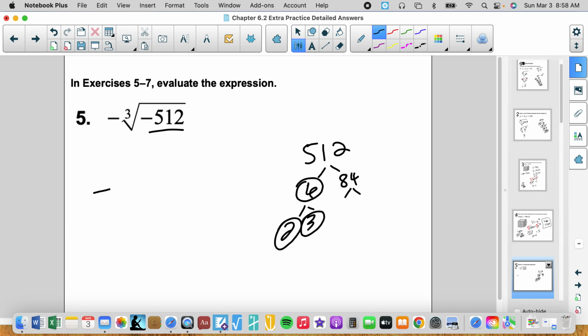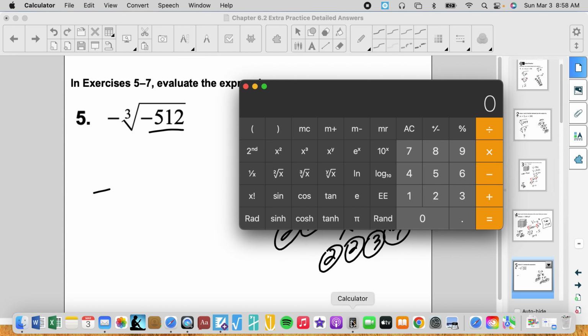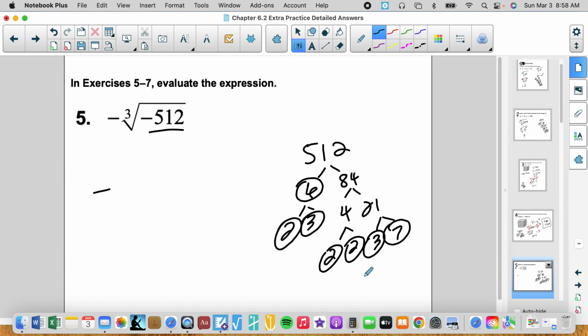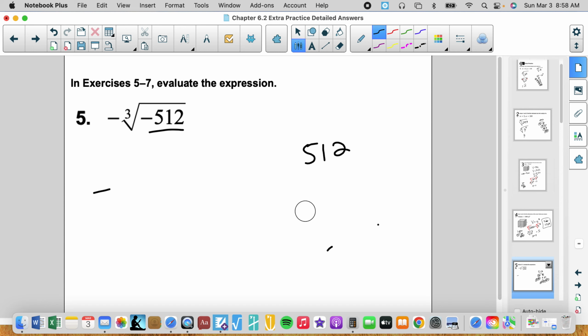Let's break up 84: 2 times 42, 4 and 21, 2 and 2, 3 and 7. Let's make sure: 84 times 6 is 504. So I made a mistake. Clearly I made a mistake because it didn't come out right. Sorry.